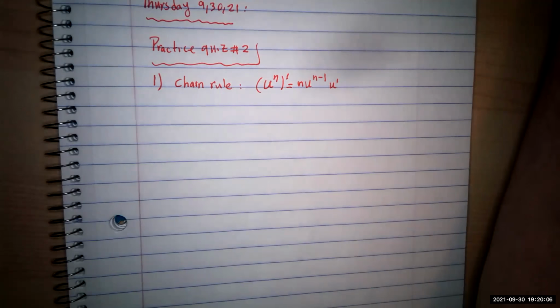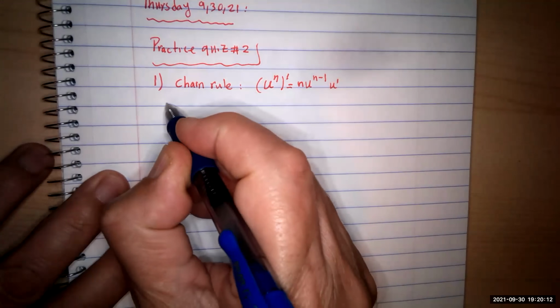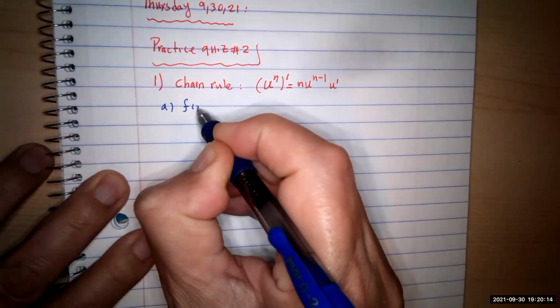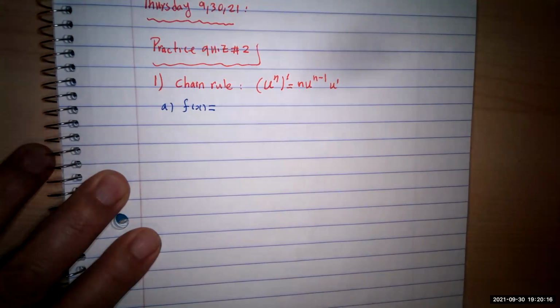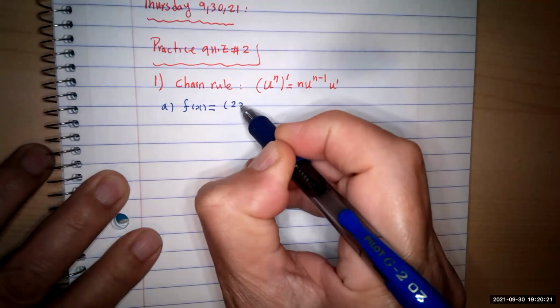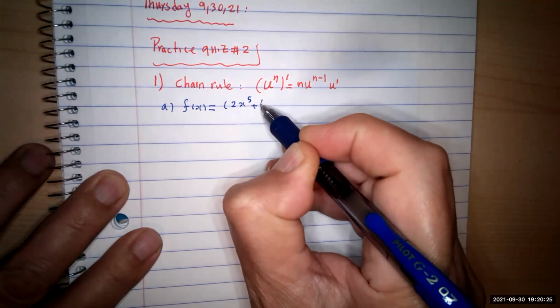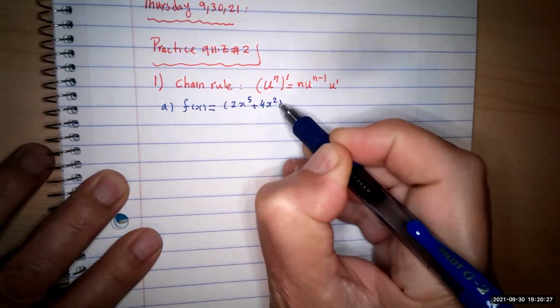So this is it, and all the types are here. And we did it before, part 1. The first one is quite a standard one, nothing extra to be done. It's just 2x to the 5th plus 4x squared, everything to the 7.